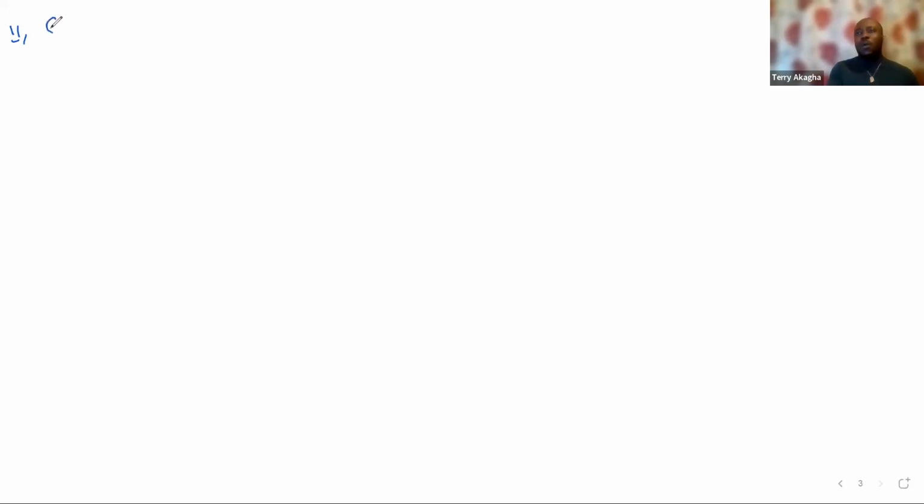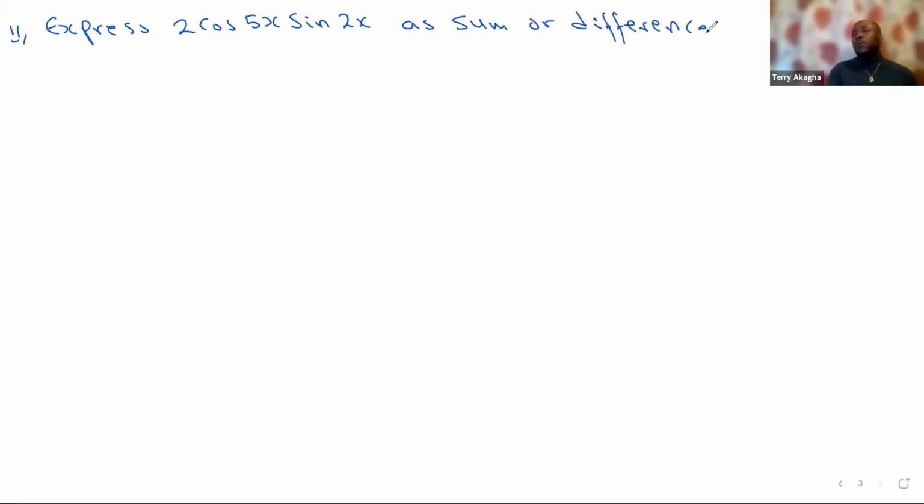So let's solve another one. Let's say, express 2 cos 5x sine 2x as sum or difference. We have this particular question now, and we're told that we need to express 2 cos 5x sine 2x as sum or difference.